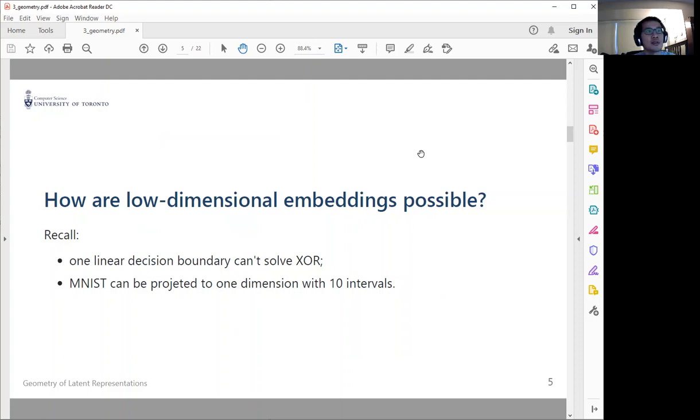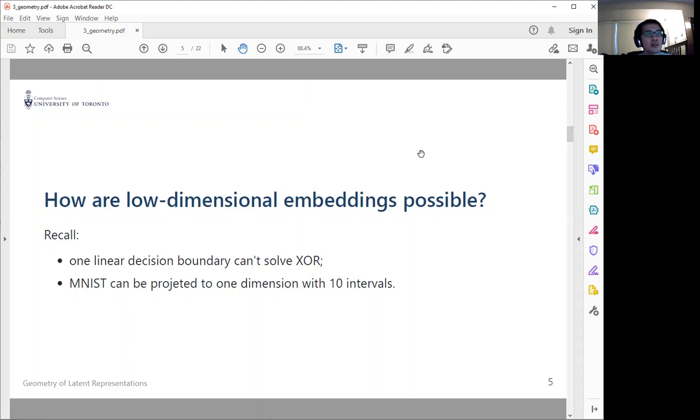So word embeddings are essentially low-dimensional embeddings. The semantic space is potentially very high-dimensional. We don't even know how many dimensions there are, but we try to approximate it with low-dimensional embeddings.